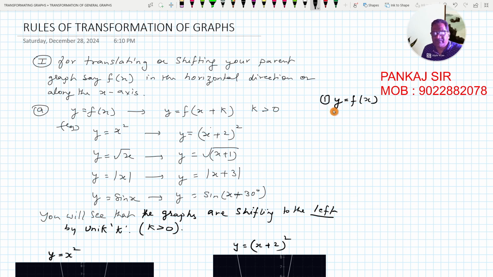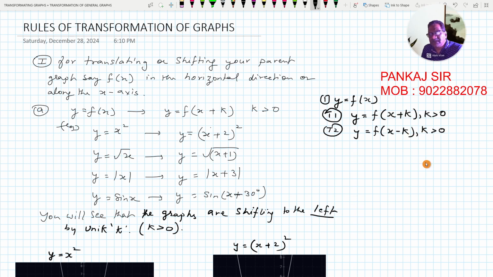The possible transformations you can study: T1 stands for transformation 1, which is y is equal to f of x plus some constant k, where k is a positive value greater than 0. The second kind of transformation is y is equal to f of x minus k, where again k is a positive value.